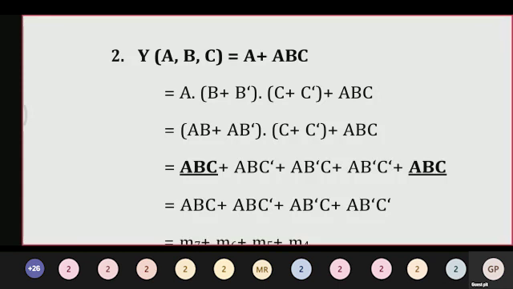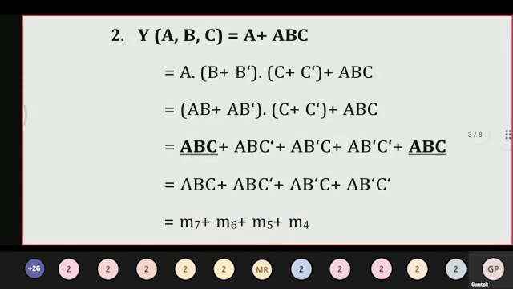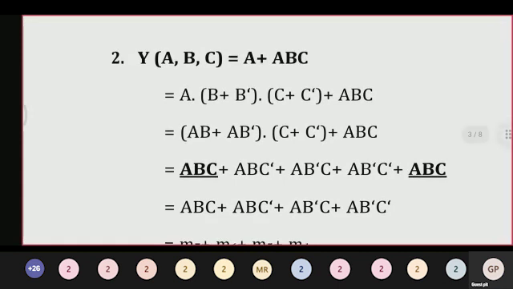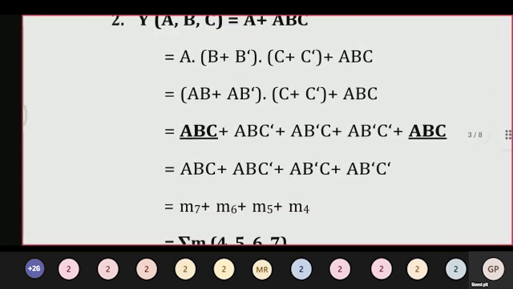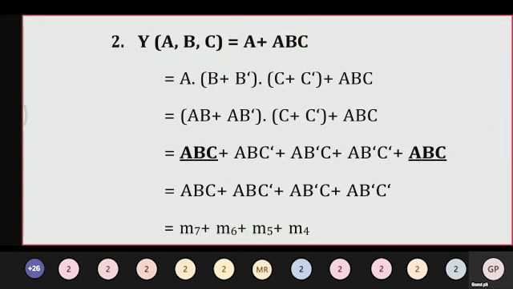Next, you need to expand the expression by using distributive law. Then it will become (AB plus AB bar)(C plus C bar) plus ABC. That is equal to ABC plus ABC bar plus AB bar C plus AB bar C bar plus ABC.